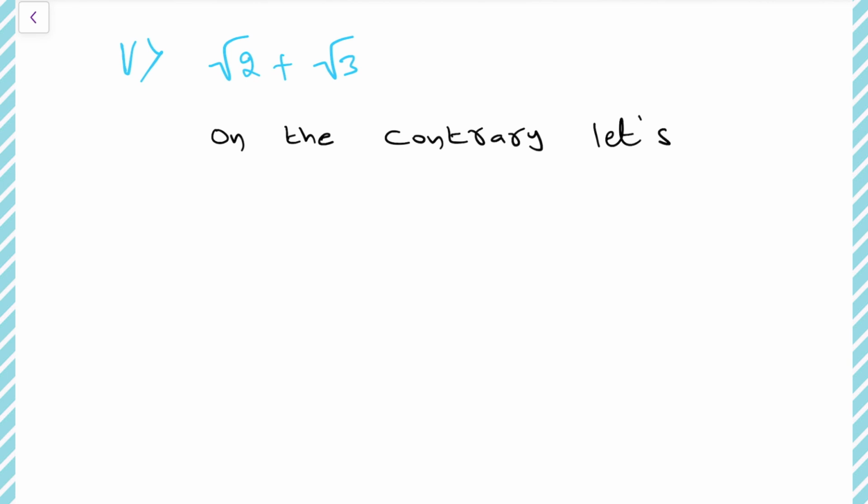Show that or prove that root 2 plus root 3 is an irrational number. So the first statement is as usual. On the contrary, let us assume root 2 plus root 3 is rational.